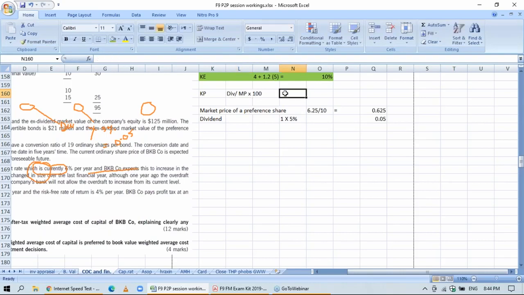So usually we will assume that preference share is irredeemable. But suppose if they have given that it's a redeemable preference share, then you will have to calculate the IRR. But for that, you need to know the life of the preference share. Okay, so over here 0.05 divided by 0.625 into 100.